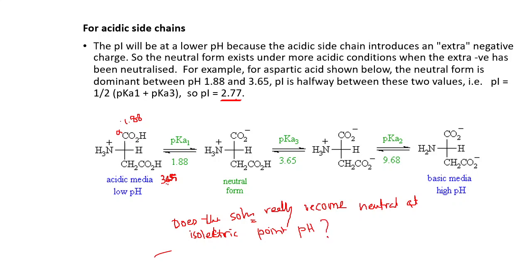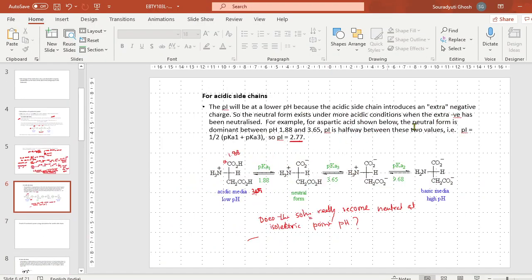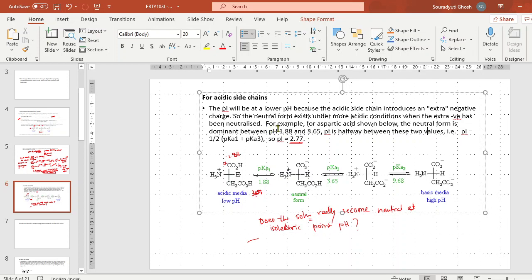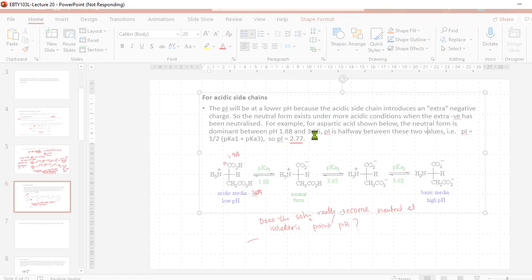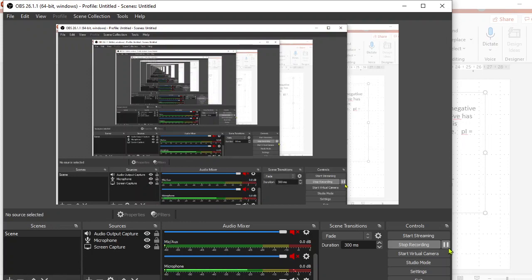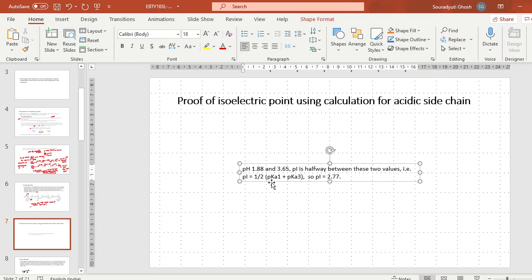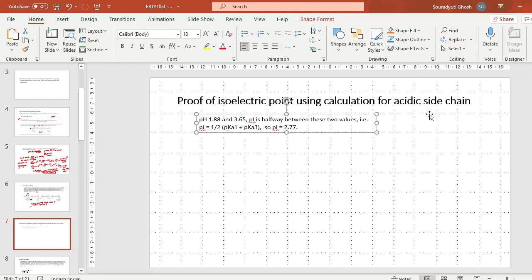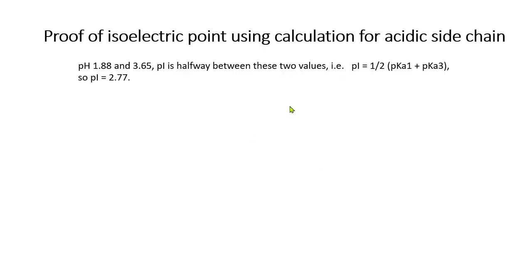Okay, so we want to do it again using the Henderson equation. We will do it in the next slide, but let me just copy this. So we are proving that at this particular pH, the solution is truly becoming neutral. Okay, we have copied the two pH values.